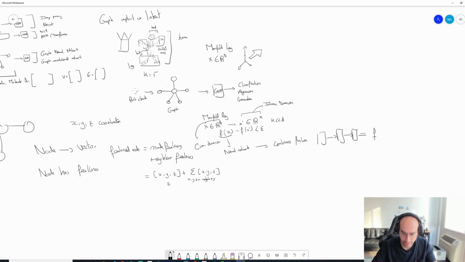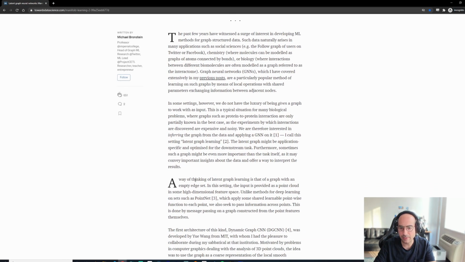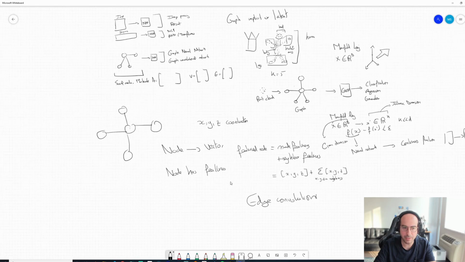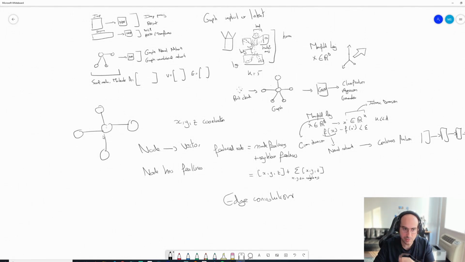This idea is called an edge convolution. One of the papers we're going to be watching actually discusses this very idea, so we'll check it out in more detail. But why is this interesting? Well, because typically when we work with point clouds, people aren't used to this approach where you aggregate neighboring information.